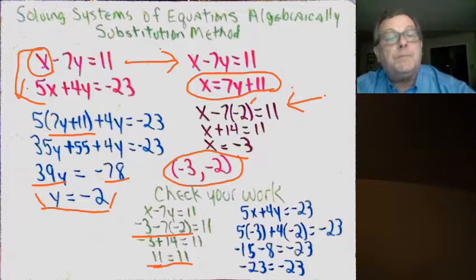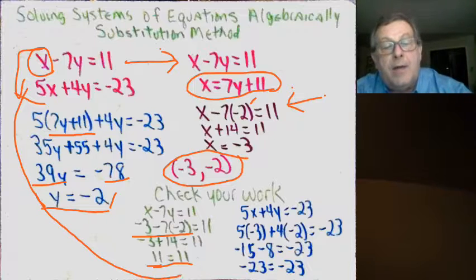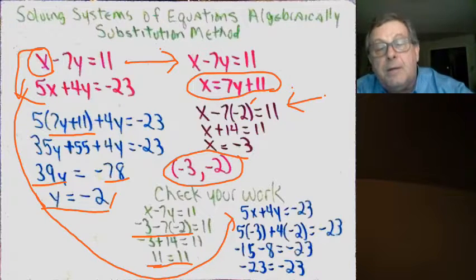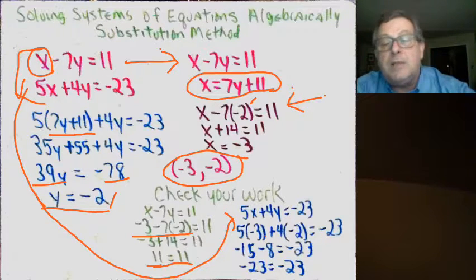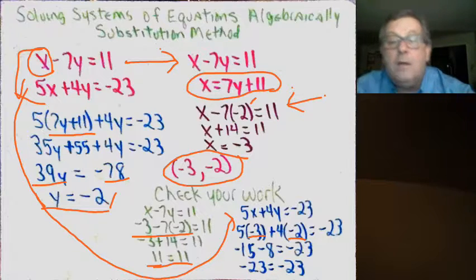Now I'm going to substitute it again into my second equation, just because I want double proof of what's going on. So my second equation is 5x plus 4y equals minus 23. I substitute in minus 3 for x. I substitute in minus 2 for y. 5 times minus 3 equals minus 15, and 4 times minus 2 equals minus 8. All of that now equaling minus 23.